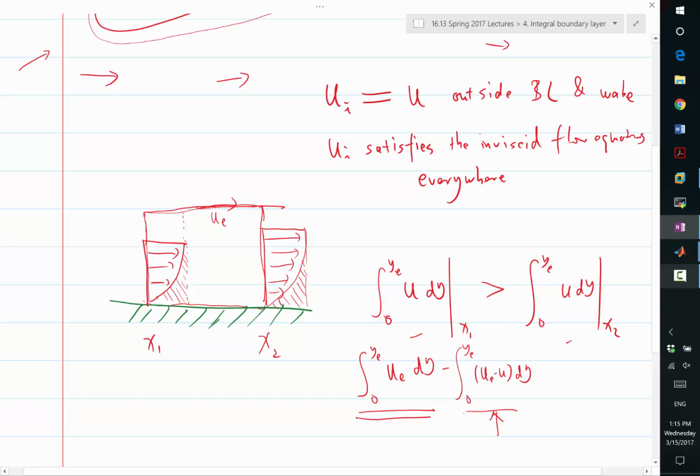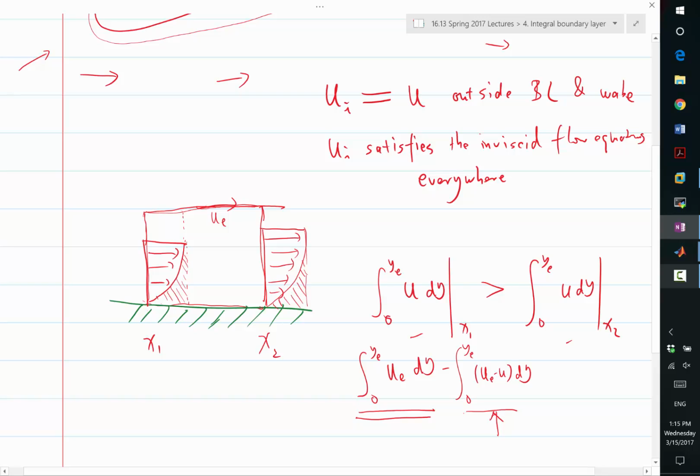That is, the incoming mass flux is greater than the outgoing mass flux. That has to be balanced by the difference between incoming and outgoing mass flux in the vertical boundaries. What is the mass flux across the wall? Zero, right? That means the mass flux over here has to be non-zero, yes, but towards which direction?